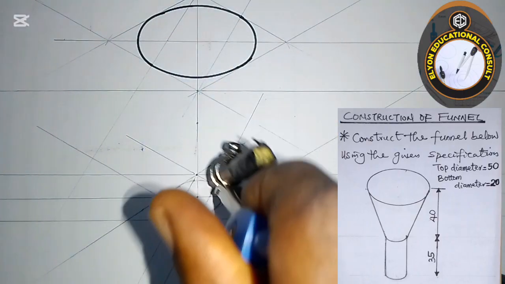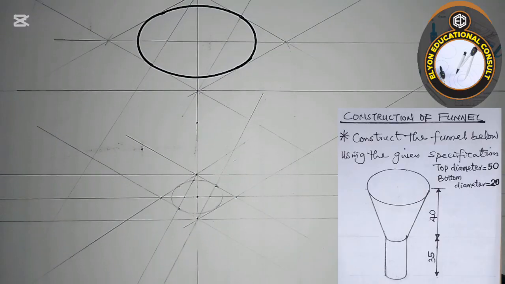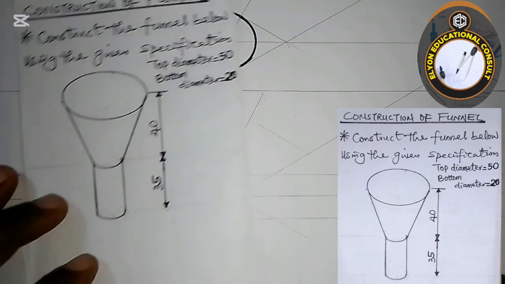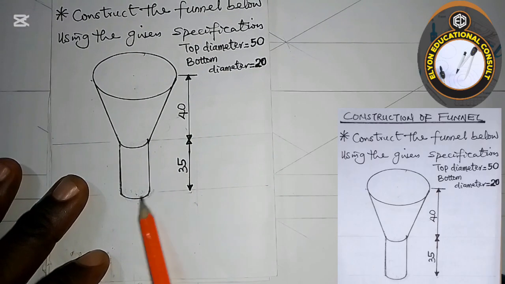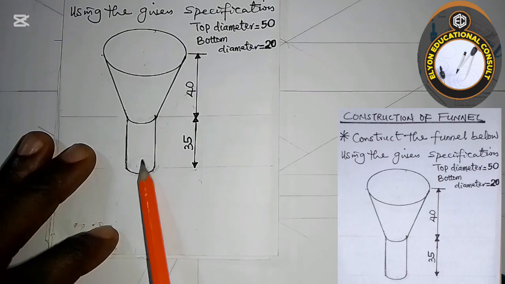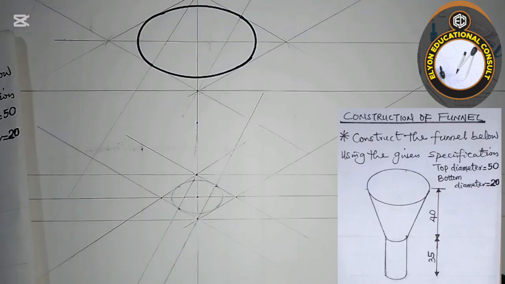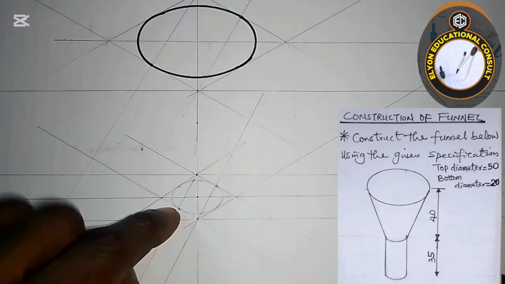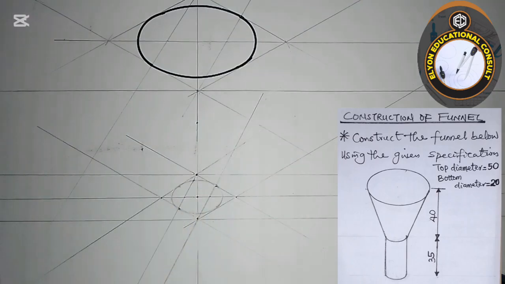Okay, so the next thing for me now is to tick it out. But when we want to tick this out now, we are only concentrating on the bottom on this side. We are not going to tick out for this other side because we are not going to be seeing it. Okay, so I will just tick out this, the same procedure. Okay, I just repeat it, but I will not tick out everything, this isometric circle that I have here.